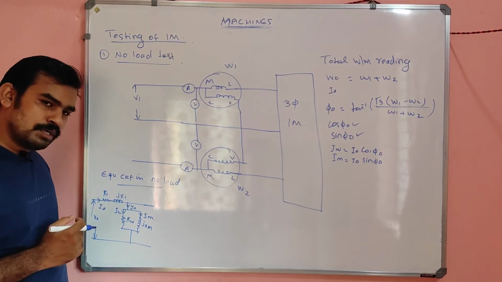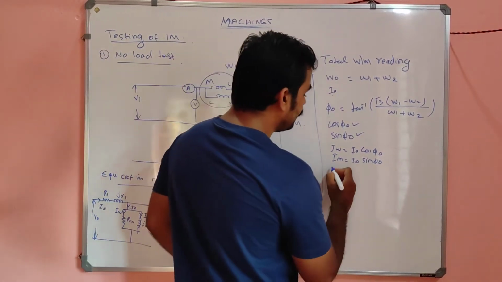So what is the remaining parameter here? RW. How can we find RW, my dears?